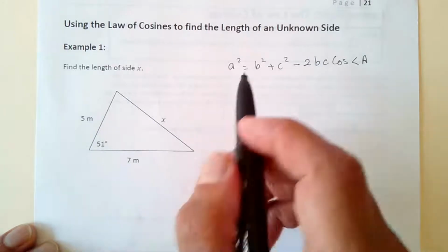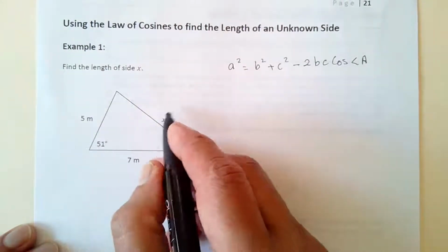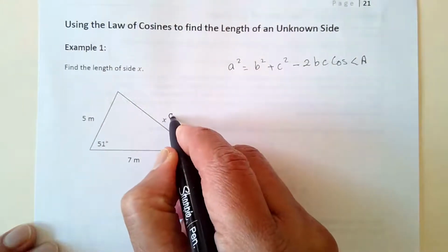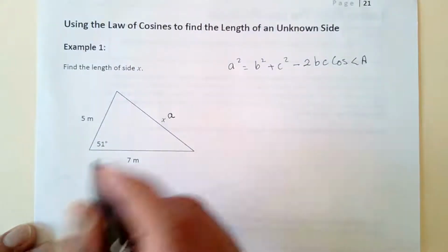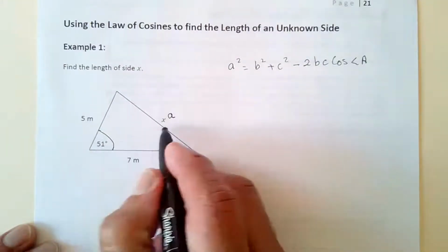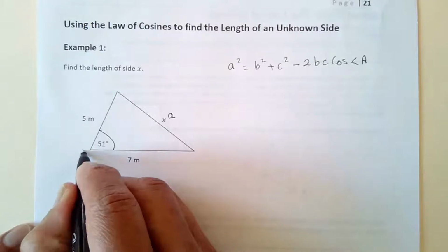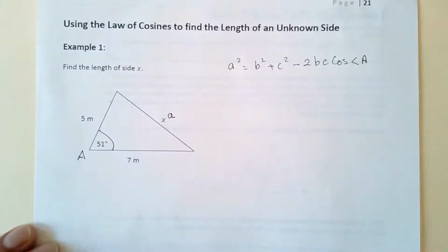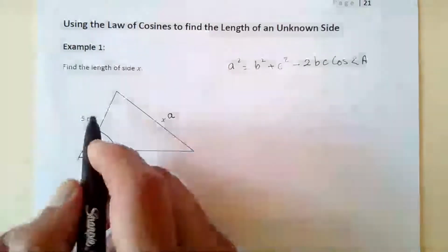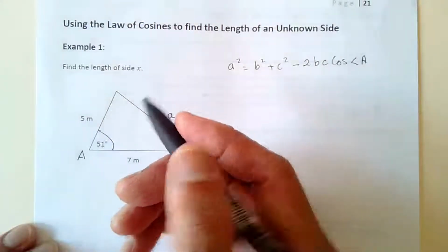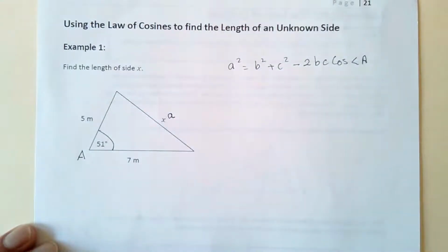Because we're finding A, we want to label our missing side that we want to find A. So the angle opposite that side will be labeled capital A. The sides that we know, we can name either B or C. It's your choice.